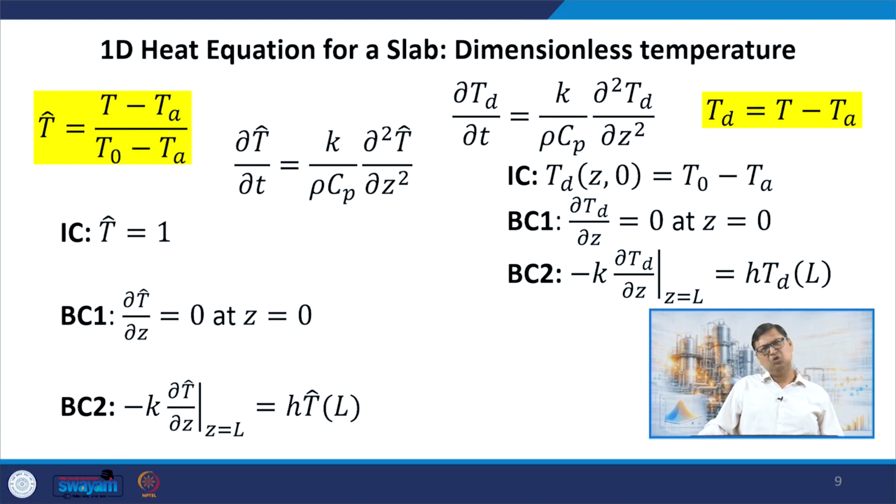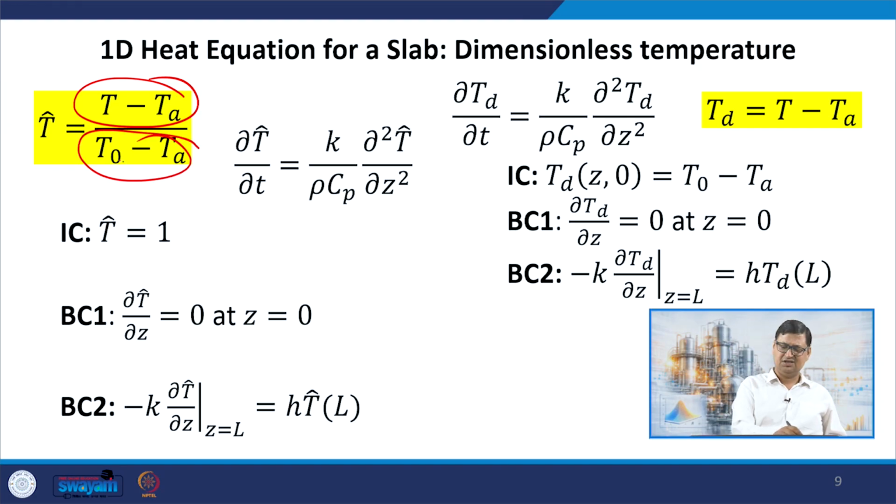I will do one more thing just to make our solution neater and make more physical sense, which is to define a dimensionless temperature. I already figured out that T minus Ta is the variable change I should do, but now I will divide it by T naught minus Ta. This will give me a dimensionless quantity, and it is not going to affect my equation because this constant is going to be the same in the left hand side and right hand side.